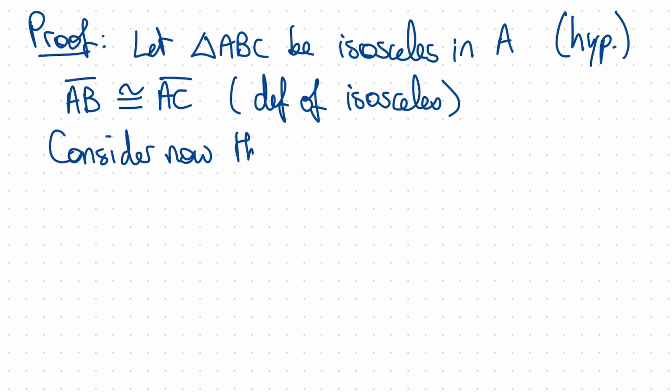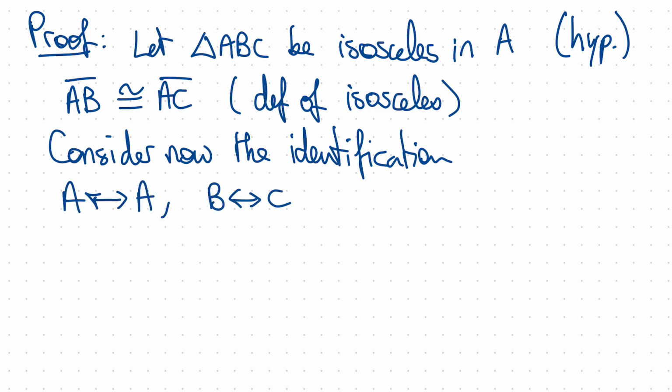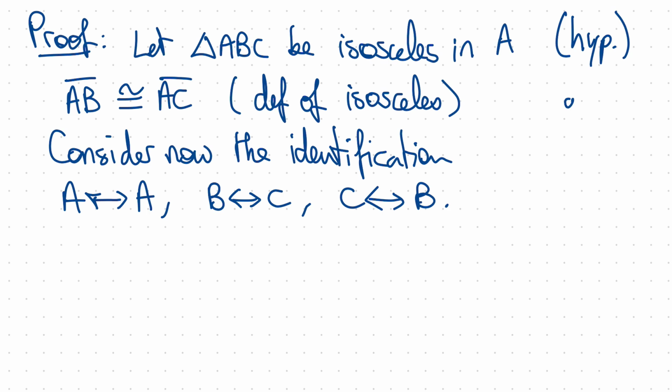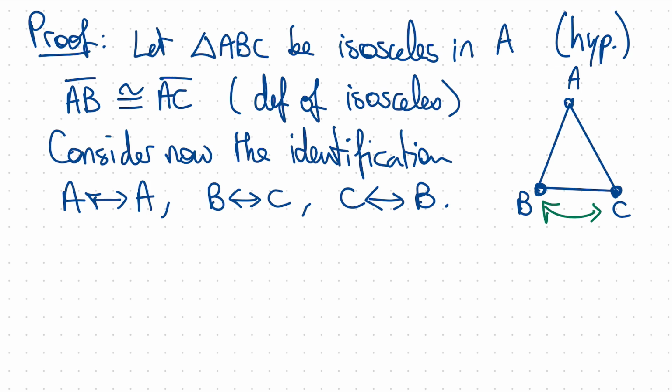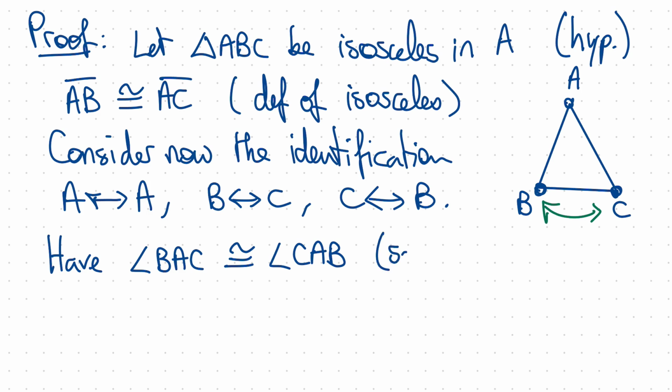So now we consider an identification between the triangle and itself. I'm swapping the roles of the vertices, sorry, not A and B, B and C. I'm imagining flipping B and C. Now what that means is we have that angle BAC is congruent to angle CAB.